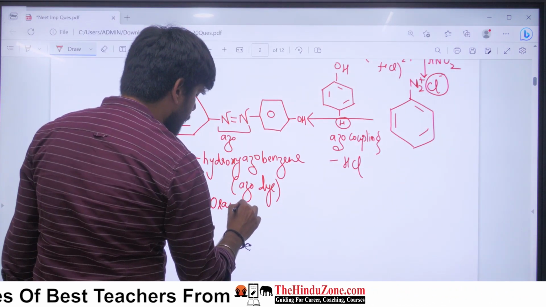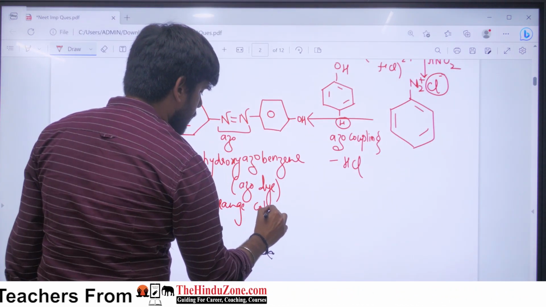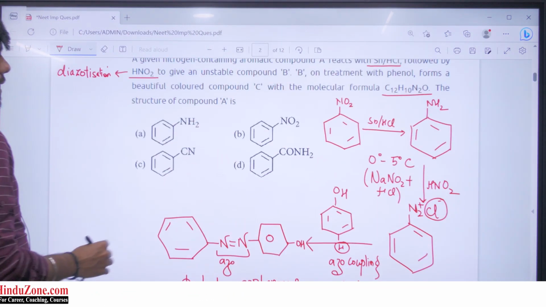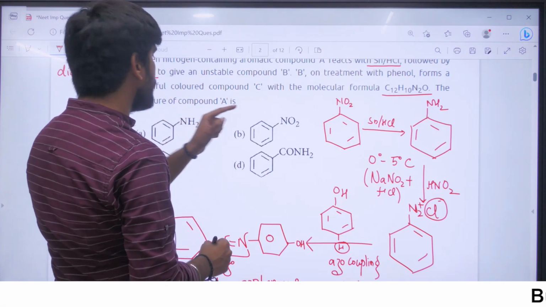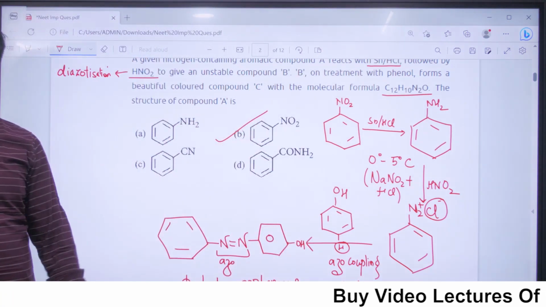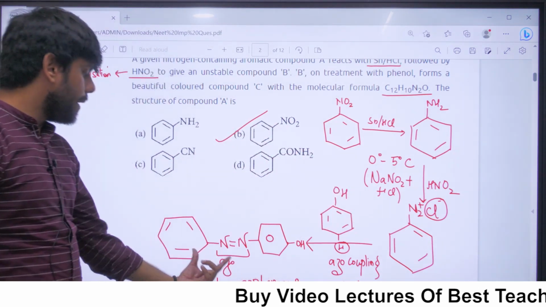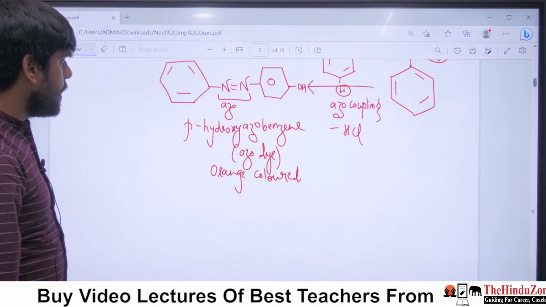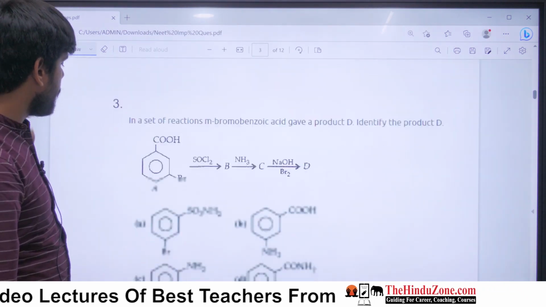Yes, orange colored dye. Right. So if you see, then this A. So you are asked about A. So A is nitrobenzene, and this is how we end up getting para-hydroxy azobenzene. I hope you understood this question. Let us move to the next question.